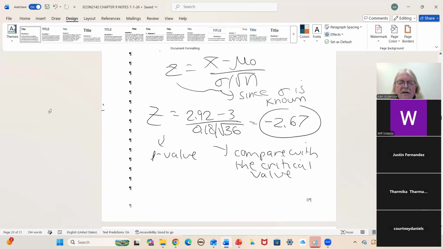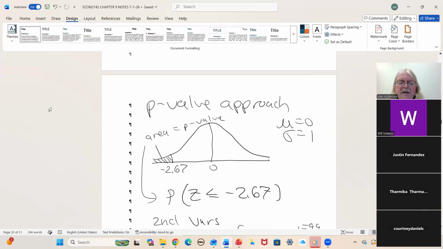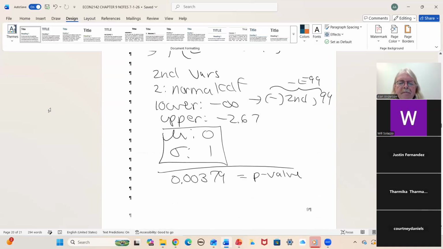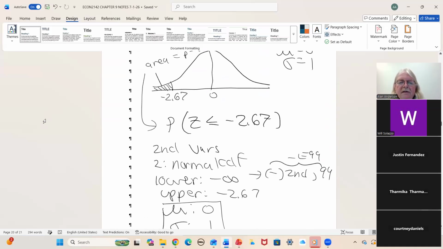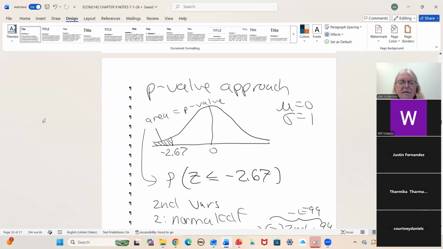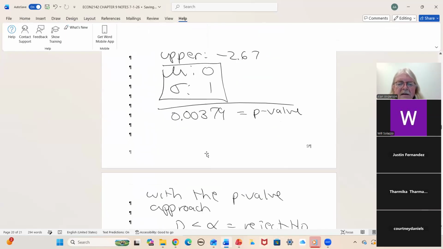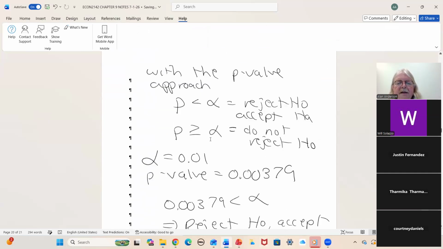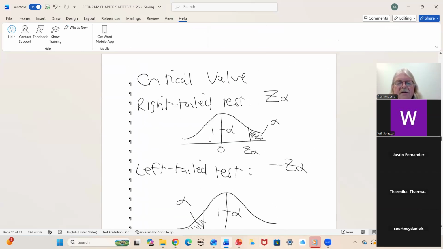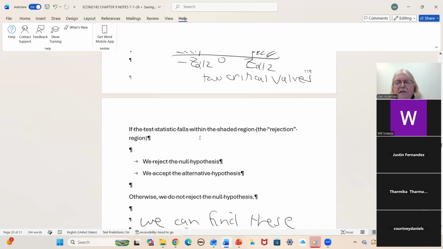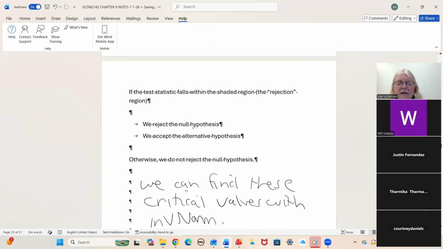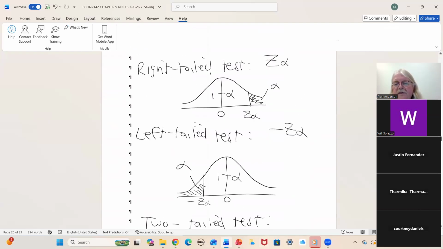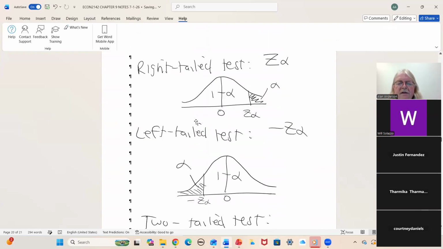The test statistic and the p-value is the area in the tail there, 0.0379. Might as well label that here. And that's what gets compared with alpha. The other alternative is to use the test statistic critical value approach. And that's when we need to know how to find a critical value. That depends on whether the alternative is right-tailed, two-tailed, or left-tailed.